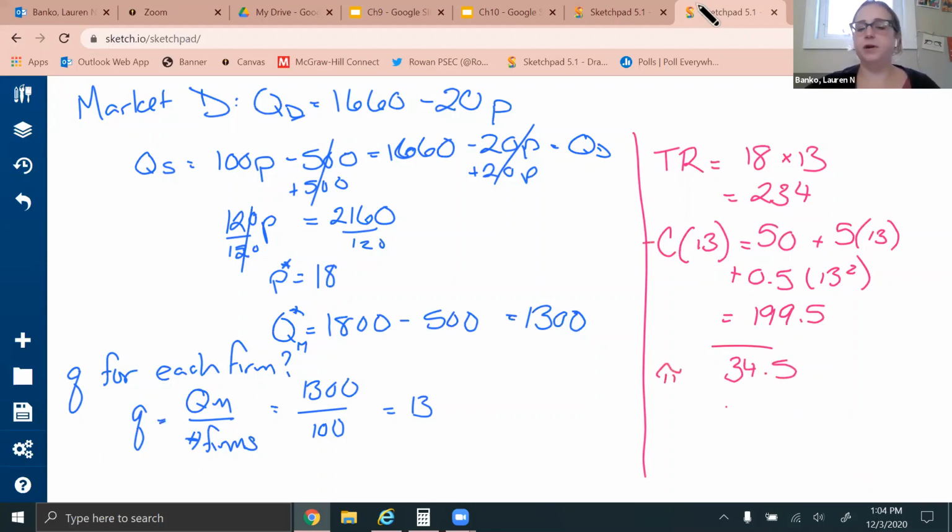Total revenue minus total cost, right? So everyone here is making a positive profit still. We're happy. We aren't going to be thinking about shutting down either here. So we're not leaving the market either if we could. Can we, though, tell if we're in the long run or the short run here?